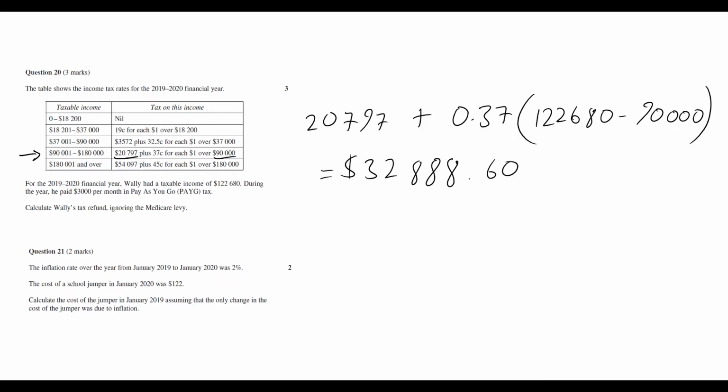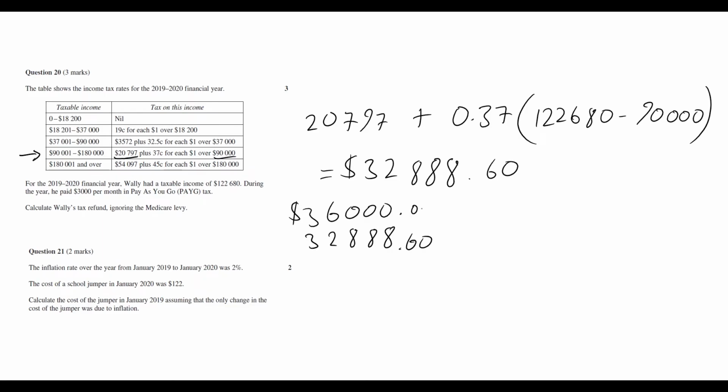And now let's see how much tax did he actually pay. So $3,000 every month. So it's going to be 3,000 times by 12, which is going to give us a total tax paid of 36,000. So clearly now he has paid more than he should be paying. So what we need to do is we need to subtract the difference, and that will give us the total tax refund. So 36,000 minus $32,888.60.